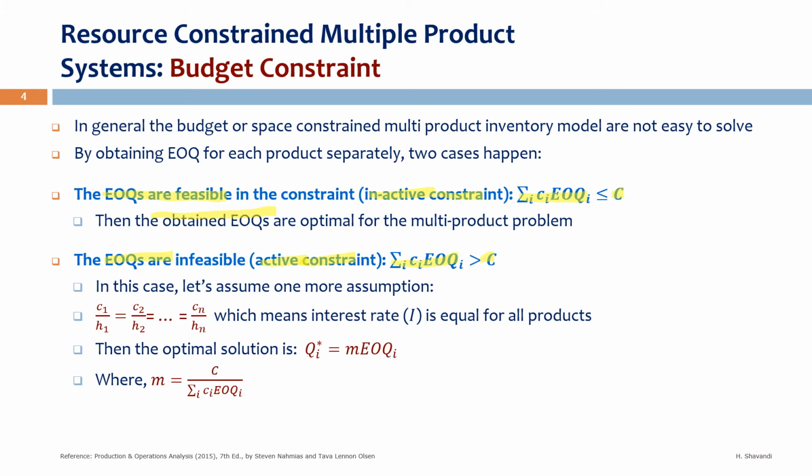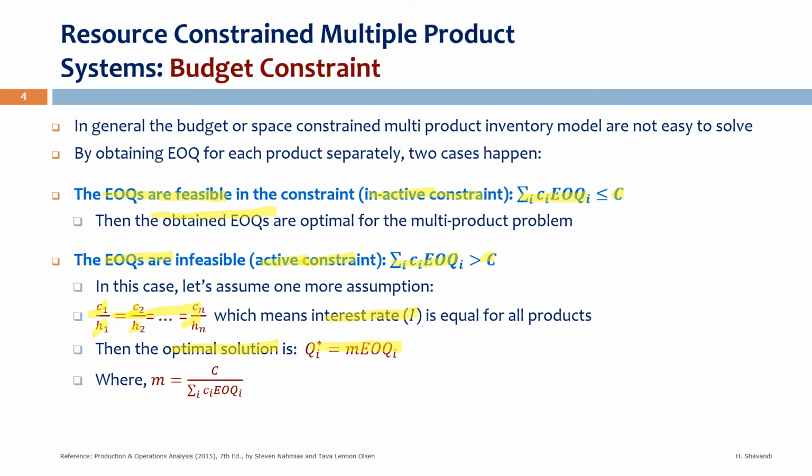In order to modify the quantities, we make one assumption: c1 over h1 equals c2 over h2, up to cn over hn, which means that the interest rate I is equal for all products. And it makes sense; it's not a very bad assumption. So the optimal solution for the multiple product case, Q star i, becomes M times EOQ i.